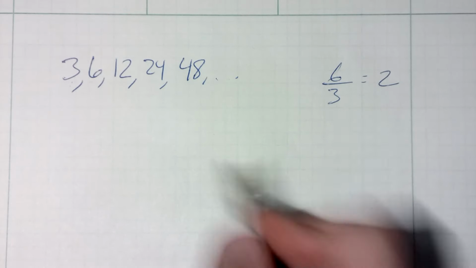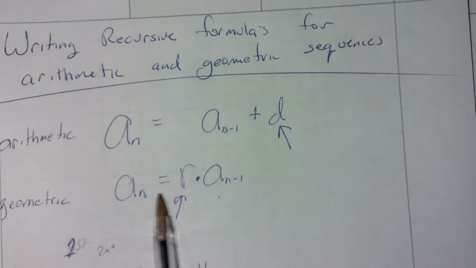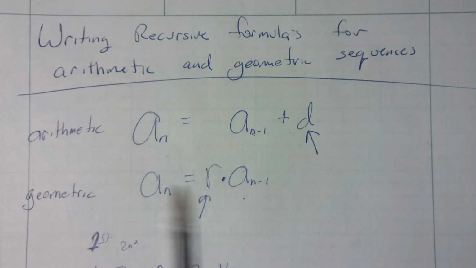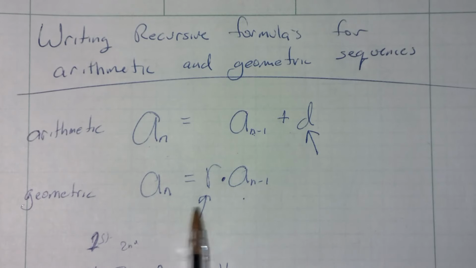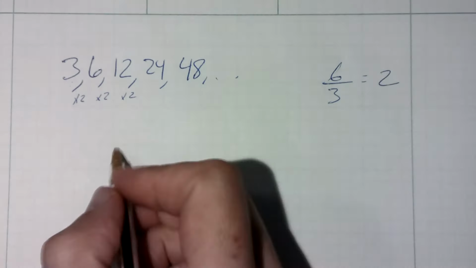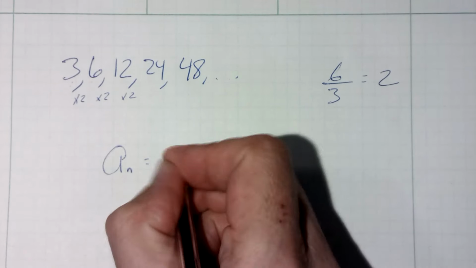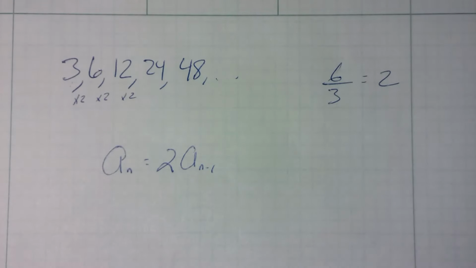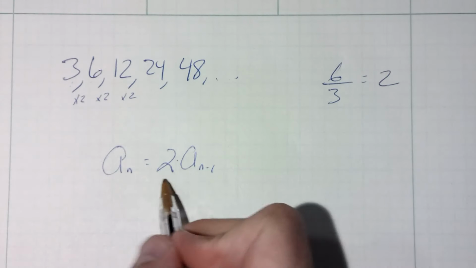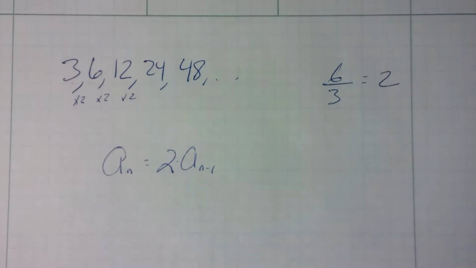I'm multiplying by 2 every time. Times by 2, times by 2, times by 2. So according to our formula here, for geometric, I'm going to write this exact expression, and the only thing I'm going to change is the r value, which for this sequence here is 2. So I go a sub n equals the previous term times 2. And we don't need to put a times symbol there because we know that 2 next to a variable means I'm multiplying.